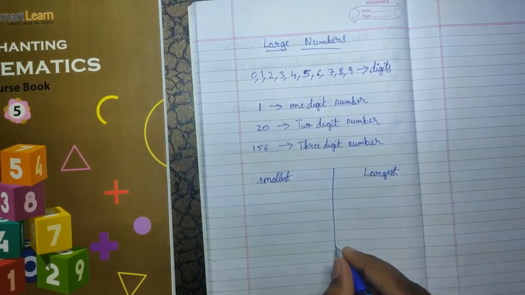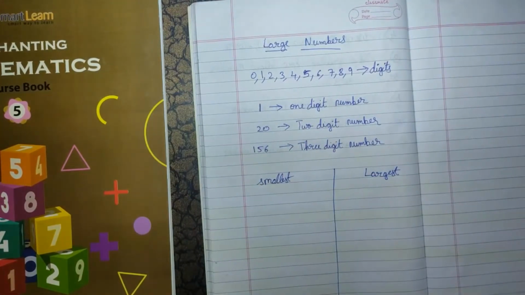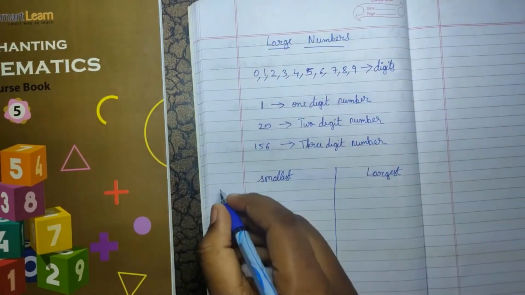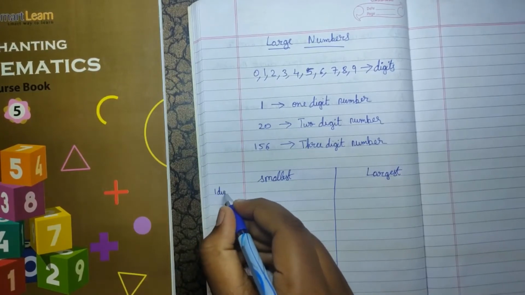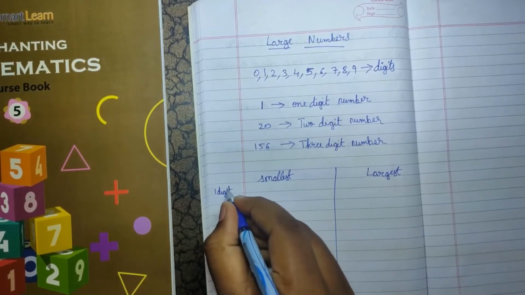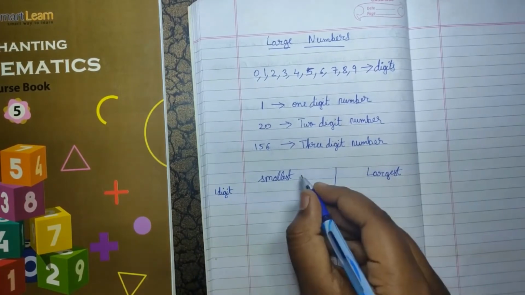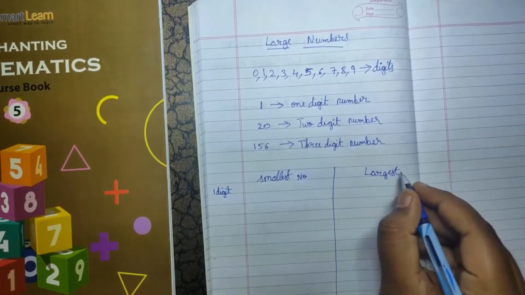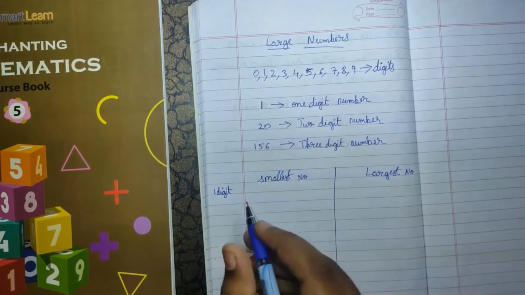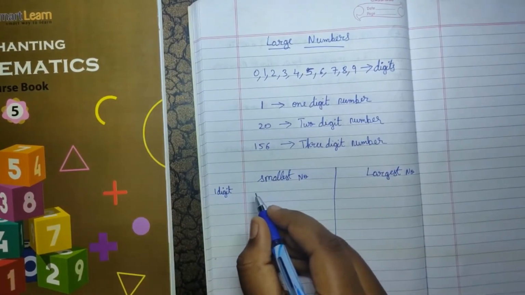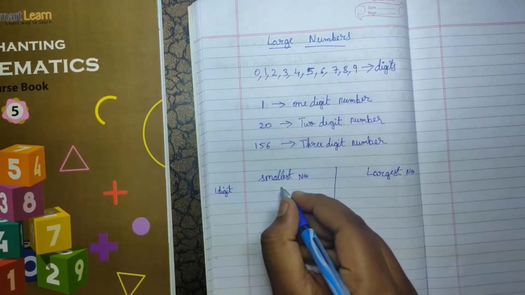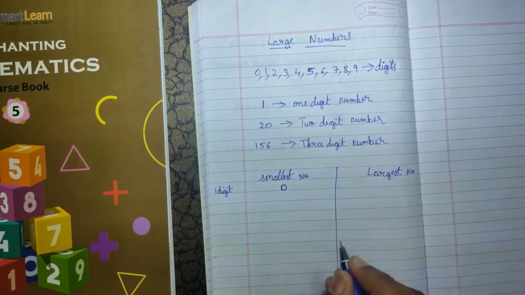I am making 2 columns, one for smallest, another for largest. 1 digit smallest number will be 0.